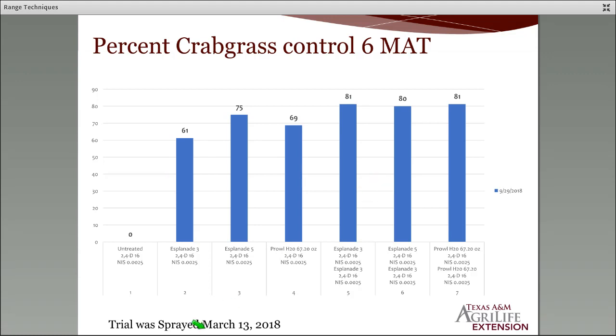This trial was sprayed in March. Keep in mind this is a cool season product. We did Esplanade at 3 and 5 ounces and compared it to Prowl. We also did Esplanade 3 ounces, followed by 3 ounces after the first cut of hay, 5 ounces followed by 3, and then we did a Prowl.